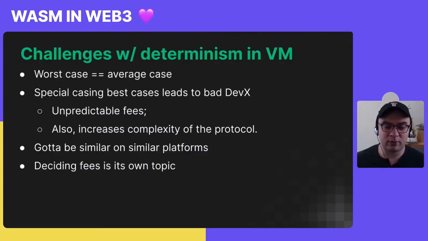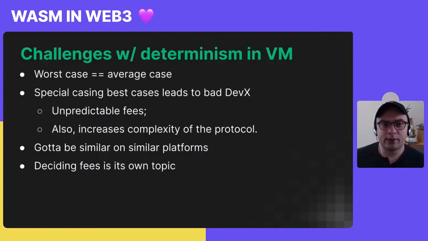So if developers find out that in certain cases, the smart contract execution is much more expensive than in other cases based on some super low level internal mechanism in how the WebAssembly virtual machine functions, then DevX is going to be pretty bad. But also special cases and best cases will lead to increased complexity of the protocol, which we also want to avoid. We try to keep our protocol pretty simple.